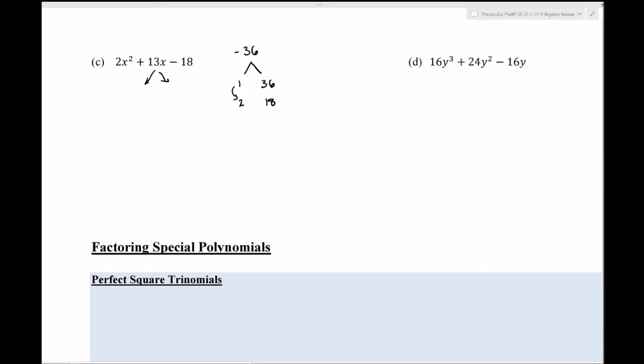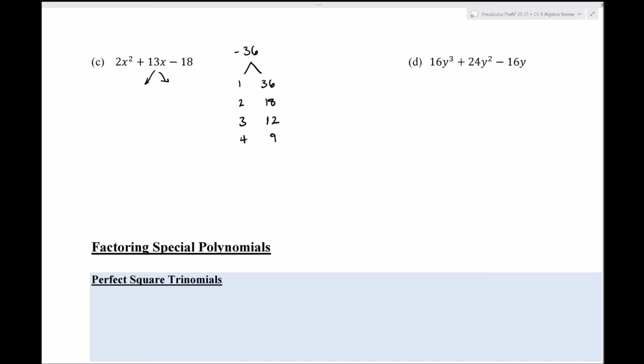You bump up that 2 to a 3, and I think 3 divides 36. 3 and, I think it's 12. 3 and 12, they don't have a combination where I could make 13. I think it's divisible by 4 as well. 4 and 9 would be the case. I think it's 4 times 9. If I were to add those straight, I would get positive 13.